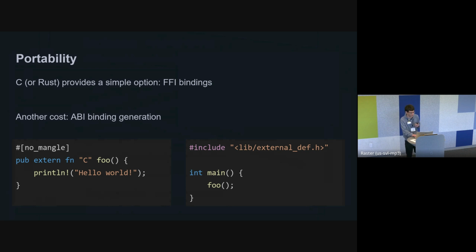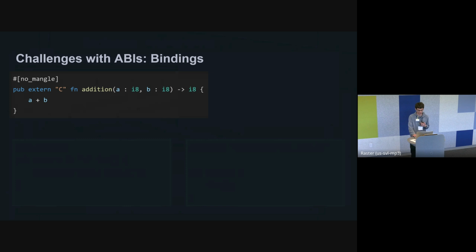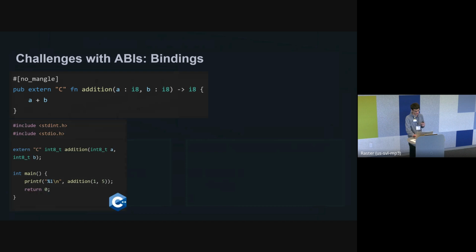So I have an example to sort of show what I'm talking about here. I have a simple Rust function. It just adds two 8-bit integers together. And let's see how the definition for that looks in C++. We just need to define the function externally. Here, I'll even use the laser pointer here so everyone can see. We have to define the function externally.